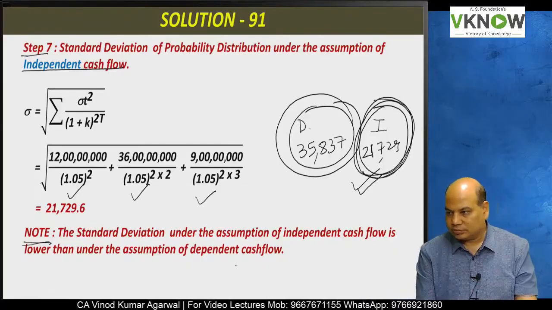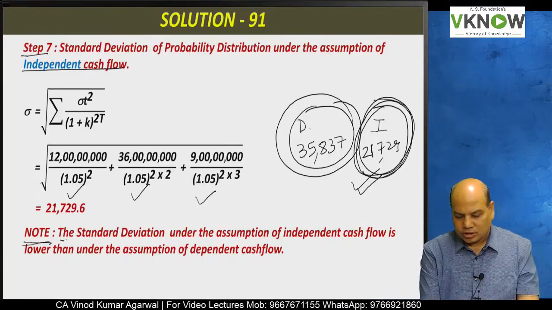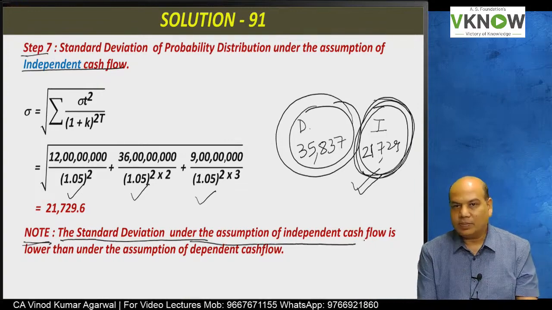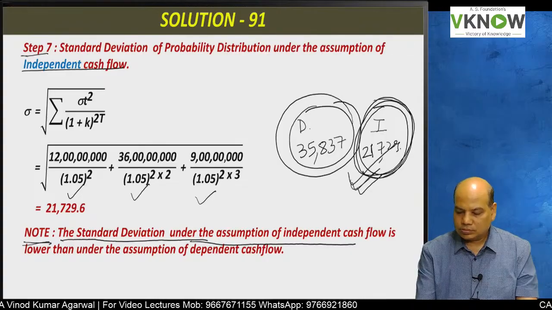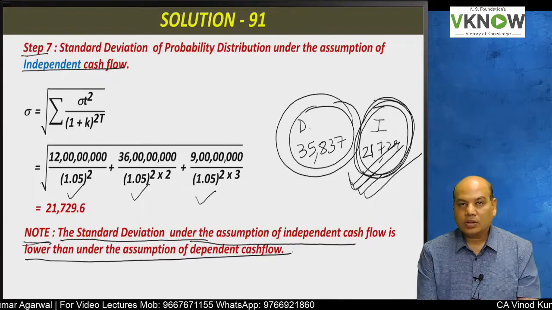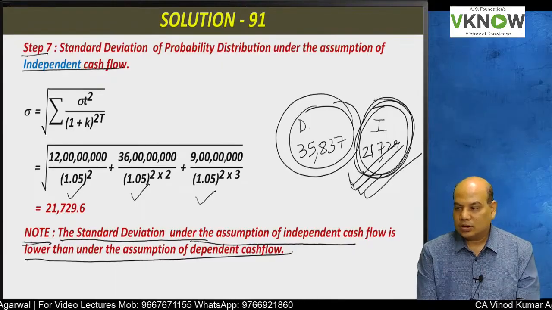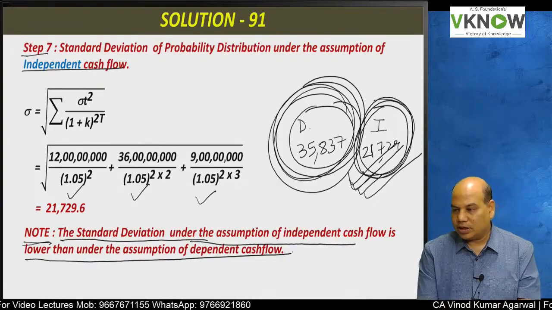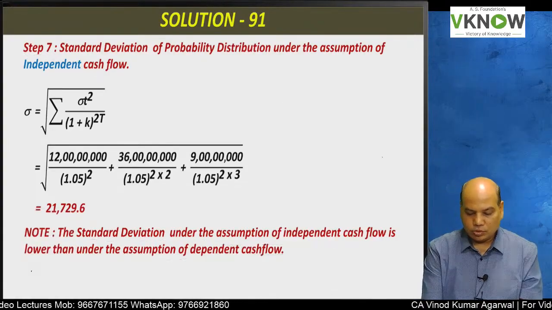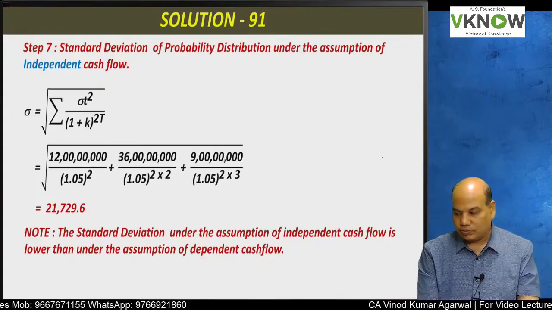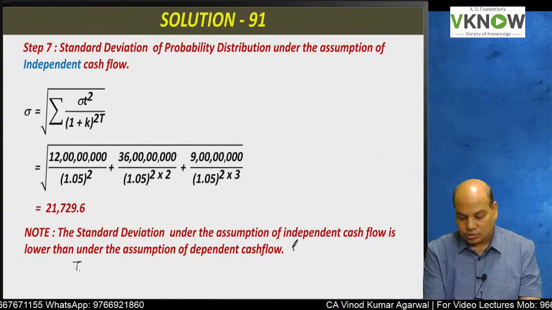So please write: the standard deviation under the assumption of independent cash flows is lower than under the assumption of dependent cash flows, and this is only tutor's note.